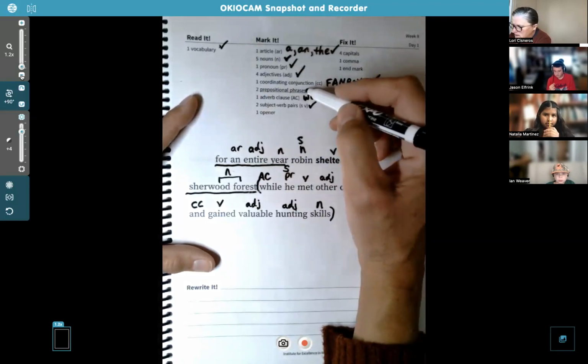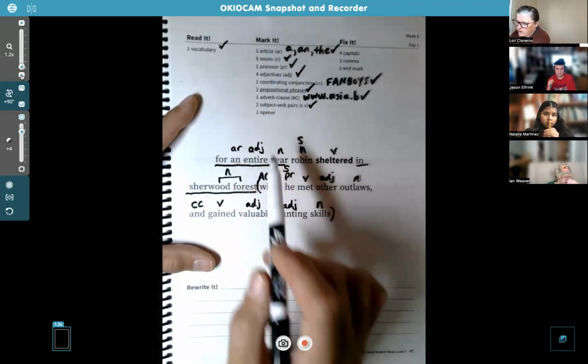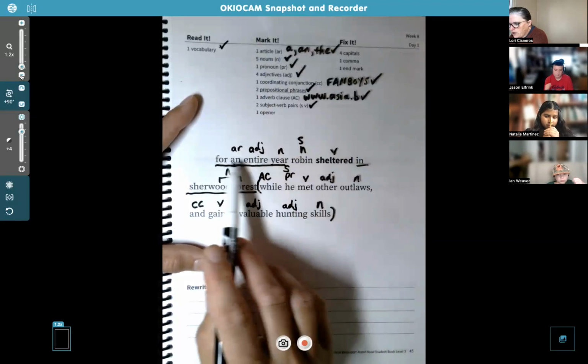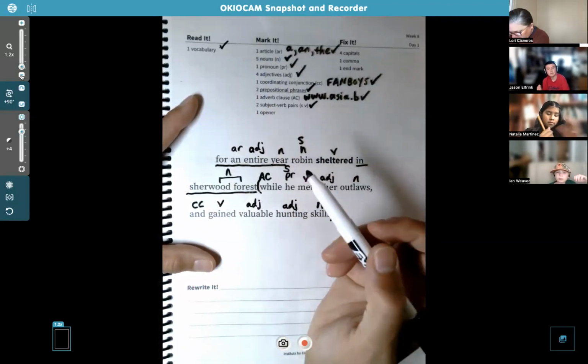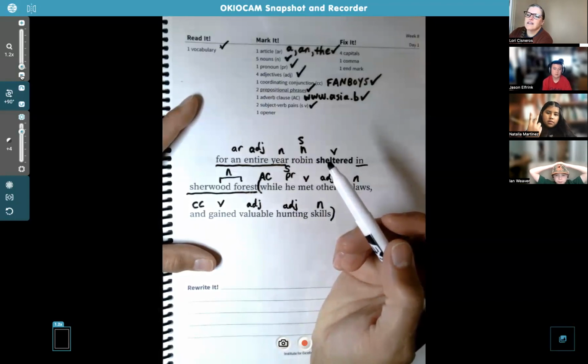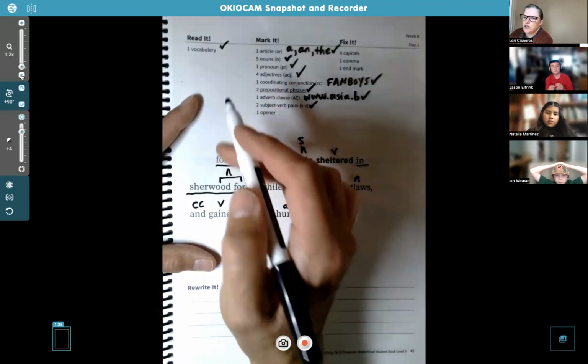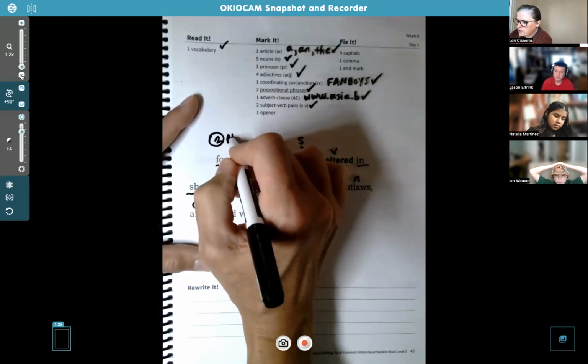Very good, Ian. And then Jason, how about this opener? I'm gonna have you work on the opener. What kind of an opener do we have at the beginning here? Prepositional. Yes, very good. Do you remember what number that is? 3. It's actually 2. You're right, Natalia.